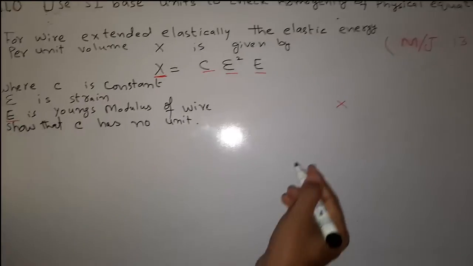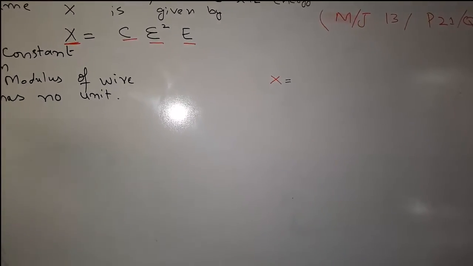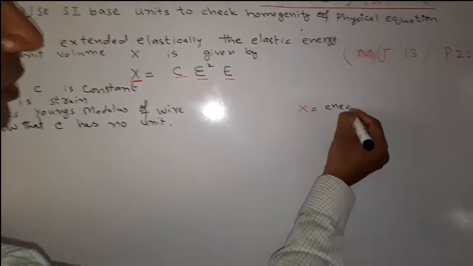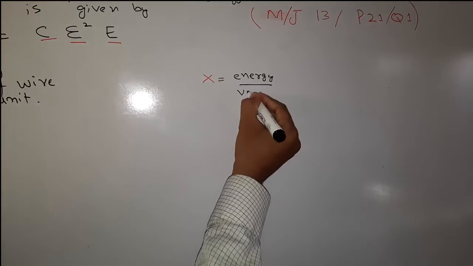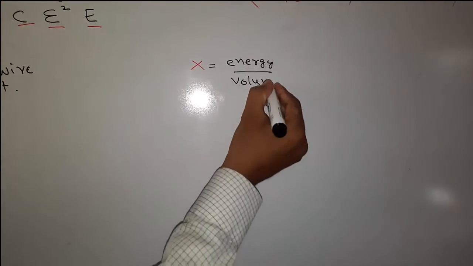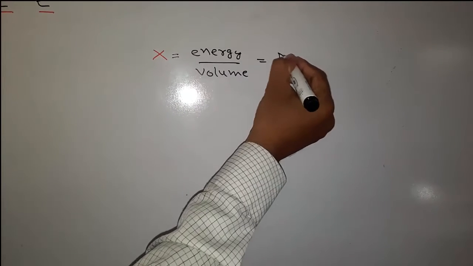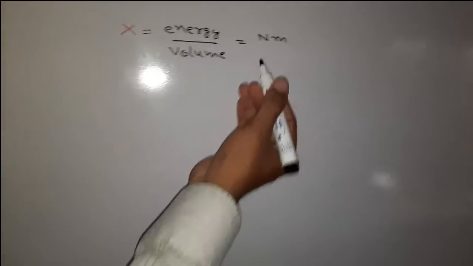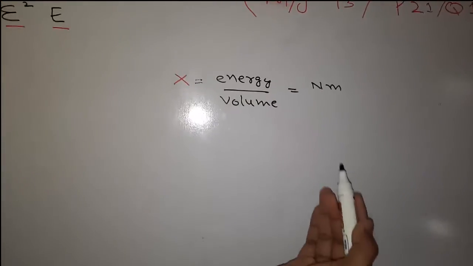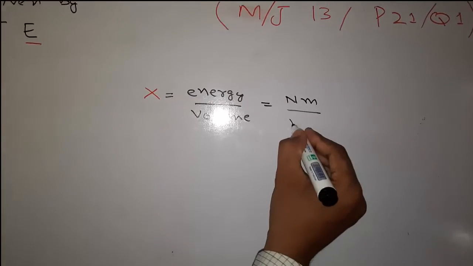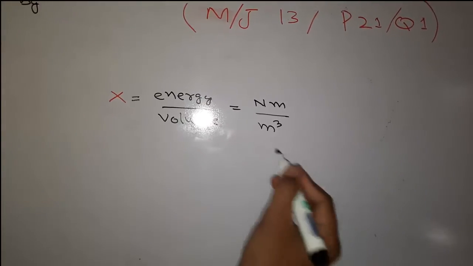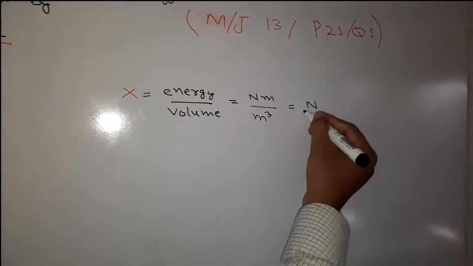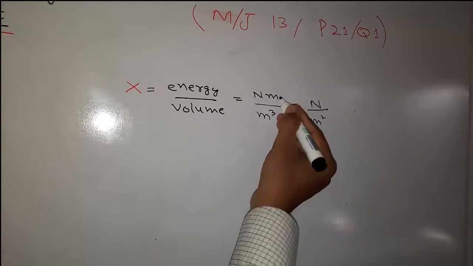X is basically energy stored per unit volume, energy over volume. Energy we already know, that is Newton meter. The capacity to do work is called energy. So we can write joules, and then Newton meter over volume, which is measured in meter cubed. These two meters we can solve easily. So Newton over meter squared, meaning one power will be subtracted.